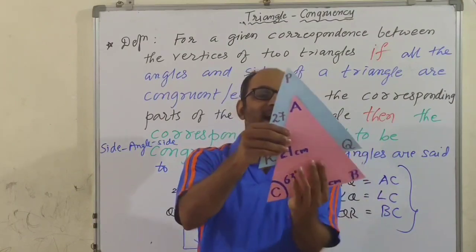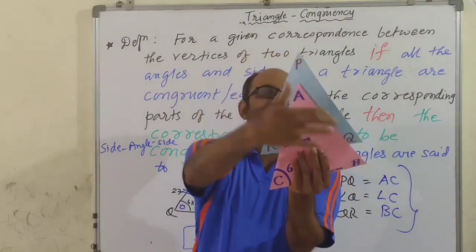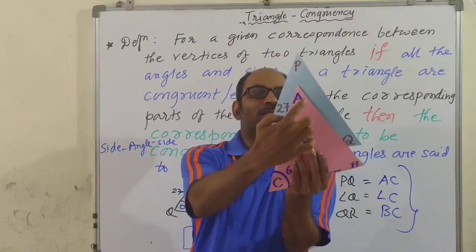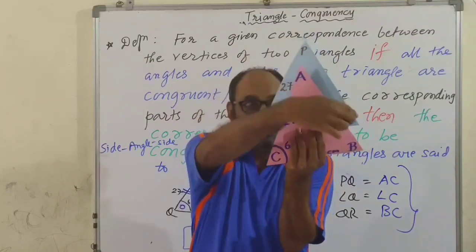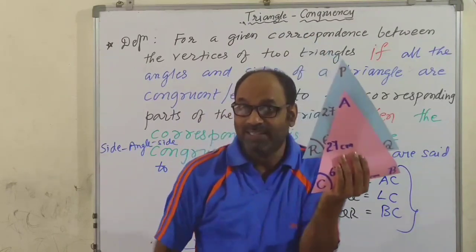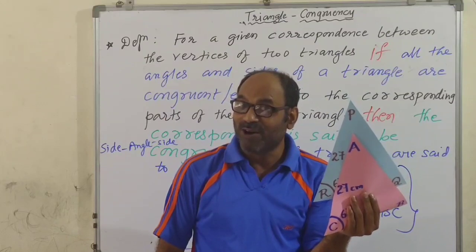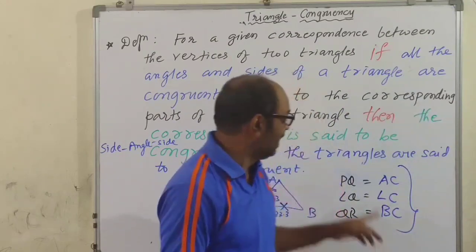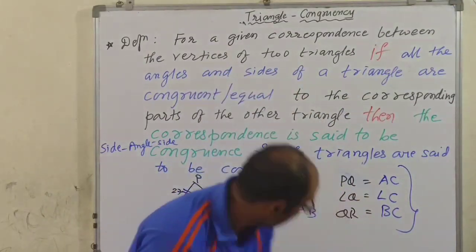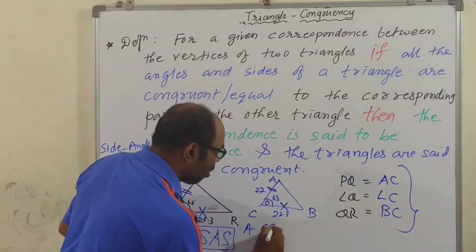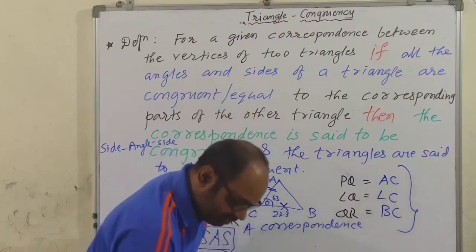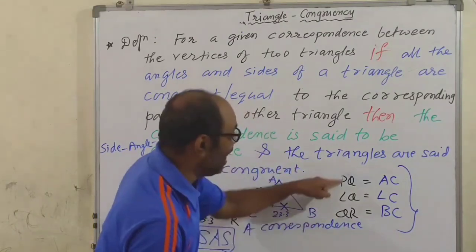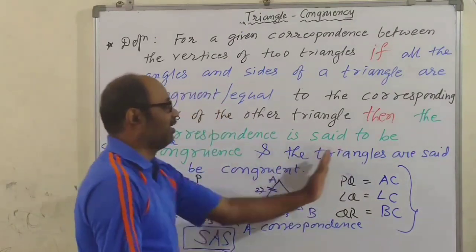Which correspondence? PQR corresponds to ABC. Can you see that? PQR corresponds to ABC. That correspondence is congruent. But that you can write very easily from these parts. A correspondence. Children, the black triangle's parts are written on the left side, and the other triangle's parts on the black side.